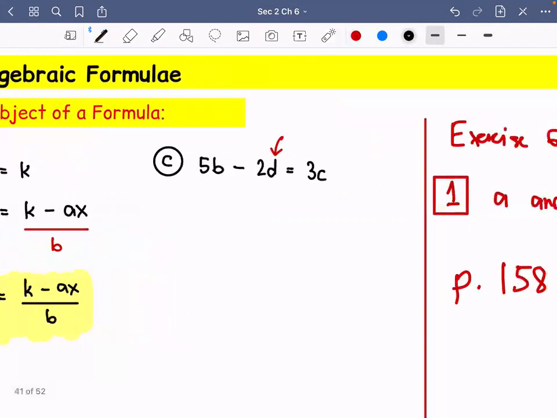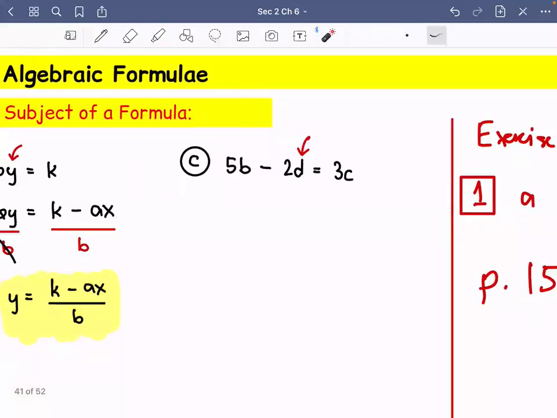We transpose 5b. Yeah, transpose. But look, you have a negative 2d here. It's up to you, class. You may want to transpose it, or I'll just leave negative 2d here. Okay, maybe I'll just pattern it with my first example. I'll just transpose this here.